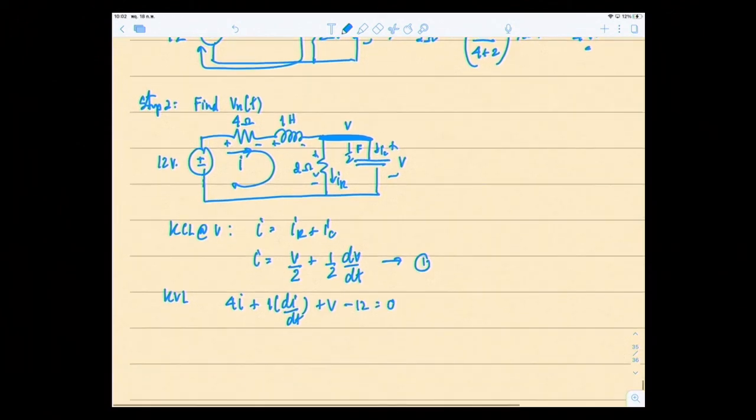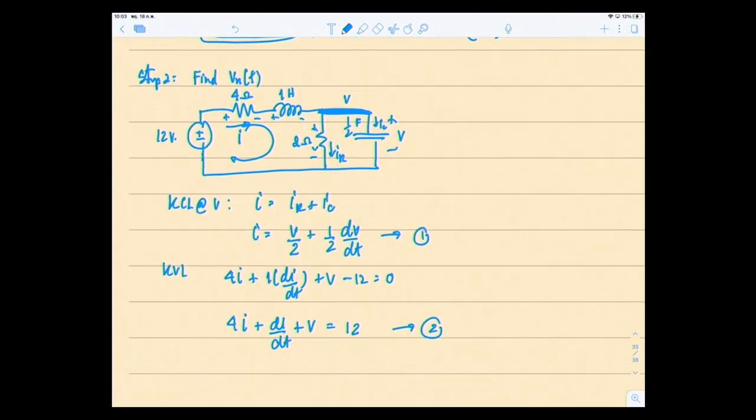So you have 4I plus di/dt plus V equals 12. This is equation number 2. I want my equations to be in terms of the voltage because I want to find V of t, the voltage.